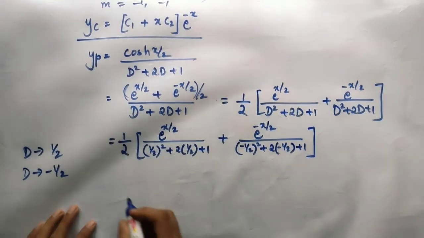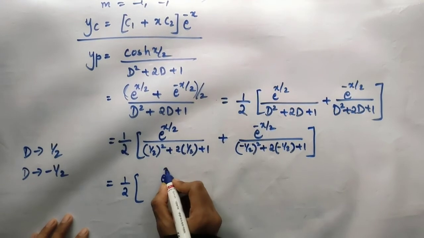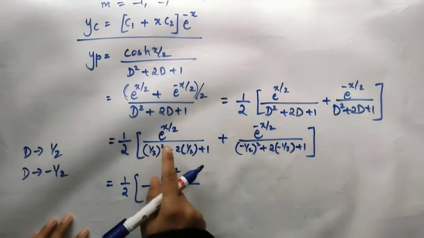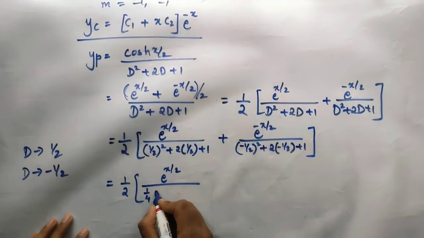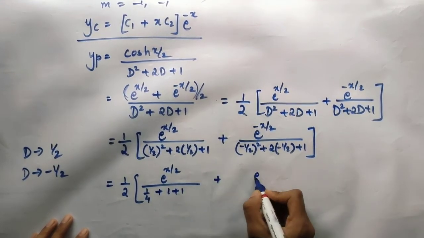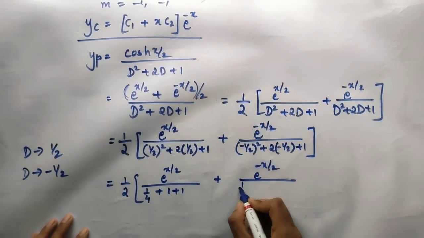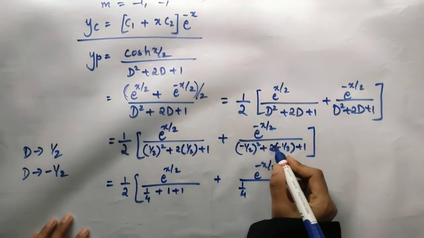Complete the bracket. Now simplify it further. It is half e to the power x by 2 divided by, half whole square is 1 by 4. Here 2 and 2 will get cancelled, 1 plus 1 you will get. That plus e to the power minus x by 2 divided by minus half whole square, which is plus 1 by 4. This 2 gets cancelled.